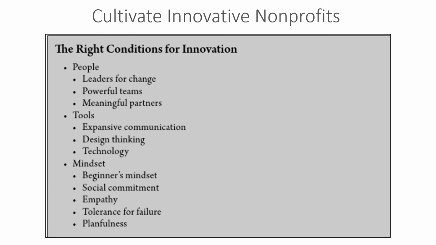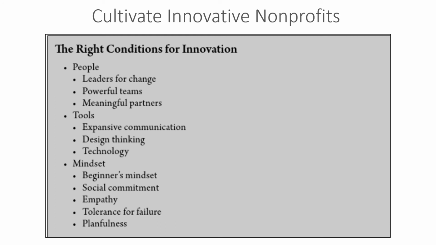But we need tools. We need the ways to communicate effectively and design thinking strategies and to know how to use technology. And the third thing we need is a mindset. We might have a beginner's mindset, and we need to have a social commitment. We have to have some level of empathy and tolerance for failure and to be planful.